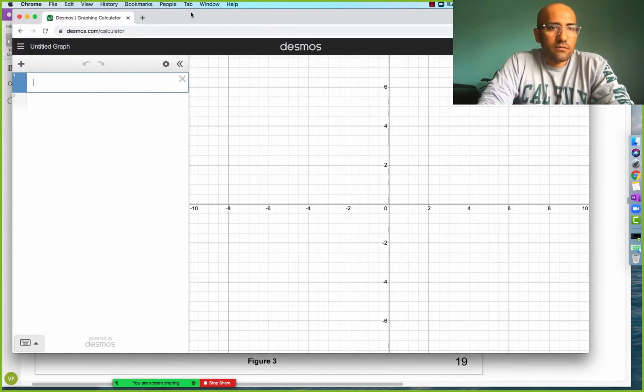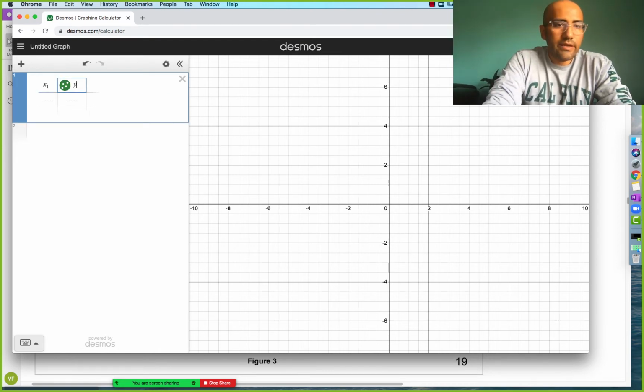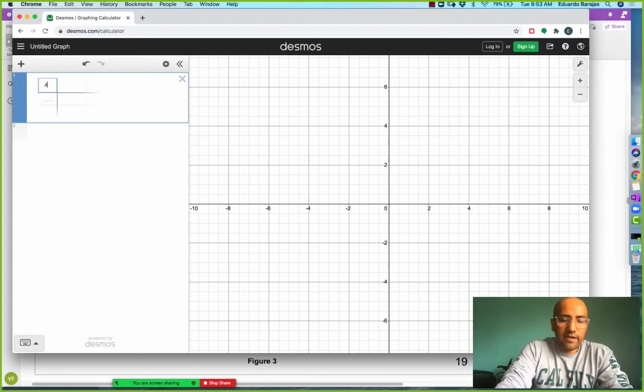All right, so let's pretend we don't know what it looks like. So we begin by creating a graph that has 2 to the power of x. So 0 gives you 1.